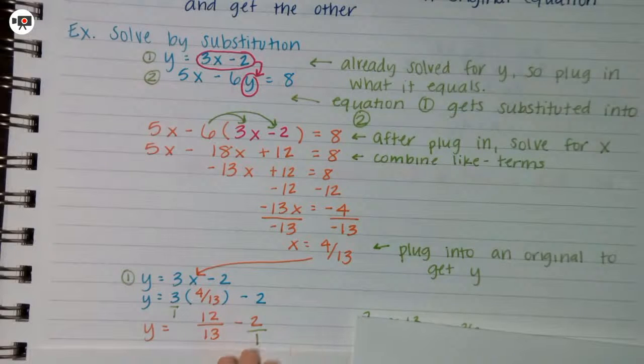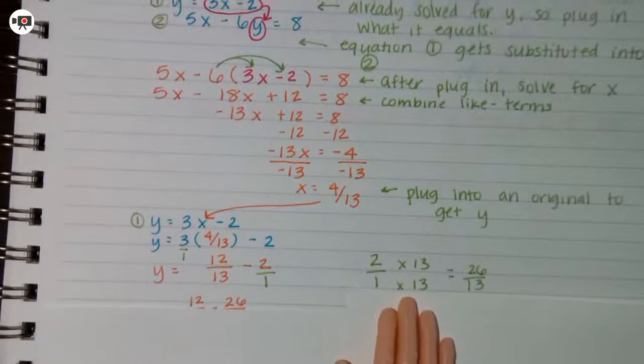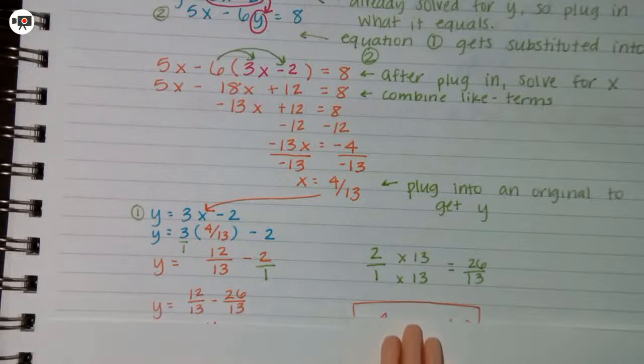When you have a whole number, remember it's always a fraction where the denominator is 1. To subtract fractions, I have to have common denominators. So to turn 2 over 1 into a common denominator of 13, multiply top and bottom by 13, and you get 26 over 13.